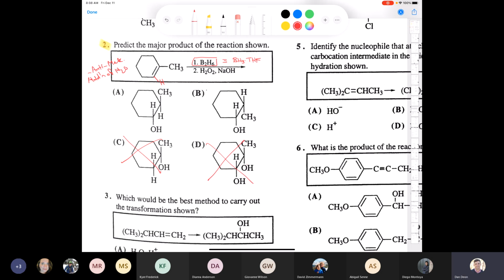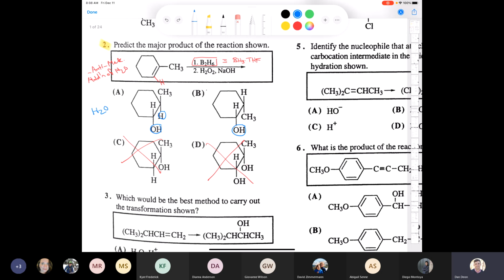Now, if you look at A and B, you want to decide which one is the best answer, right? These both represent an anti-Markovnikov addition. What's the major difference between them? If you look at A, the hydroxyl and the proton that came from the water are on the same side of the molecule. And here, the hydroxyl and the hydrogen are on opposite faces of the molecule.